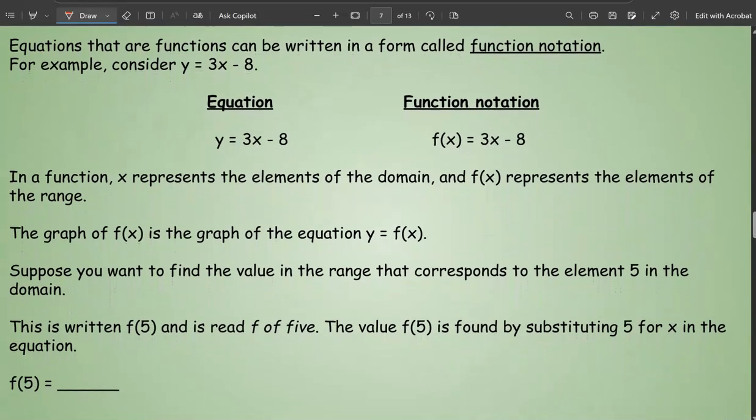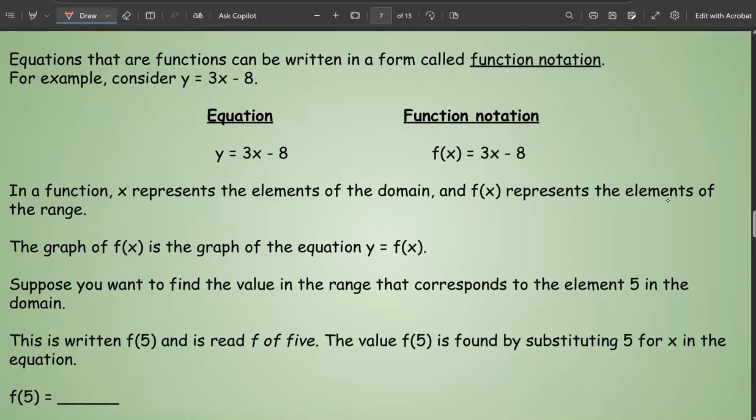Equations that are functions can be written in a form called function notation. Guys, all function notation is that f of x equals whatever. So in just a regular equation, it's written as y is equal to 3x minus 8.